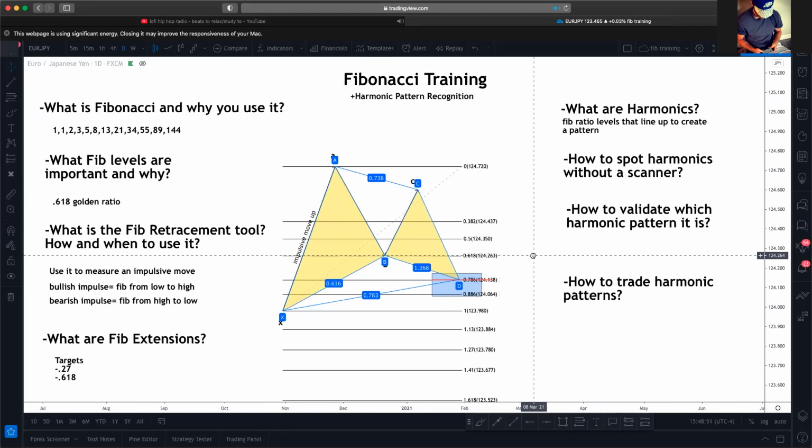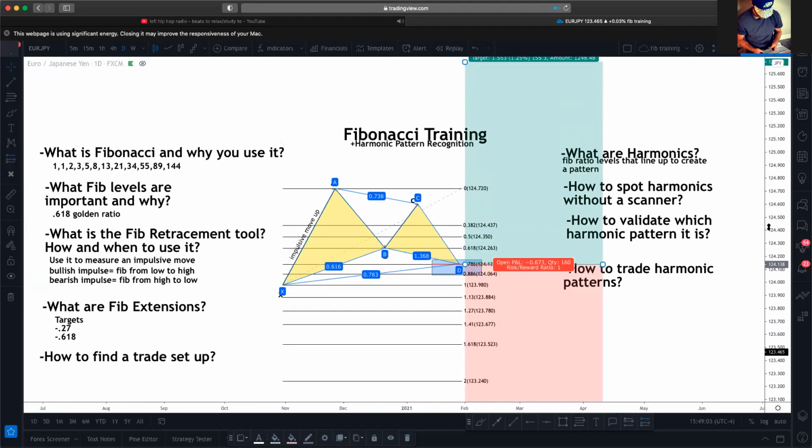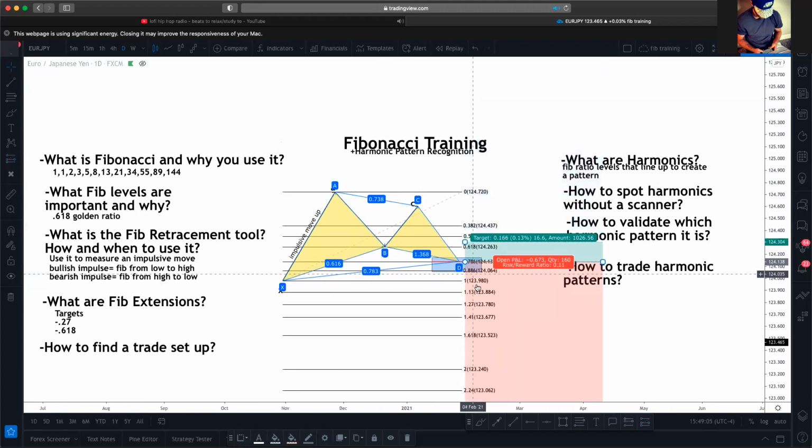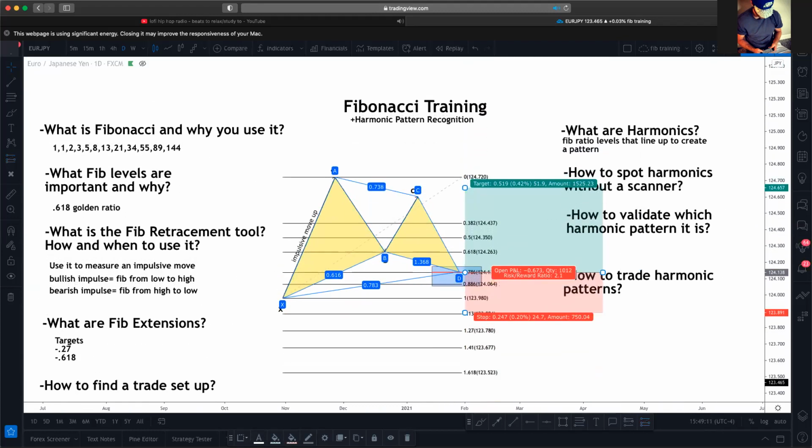Now, to trade these, you're looking for the entry right here, of course. Let's bring this down again. Okay.